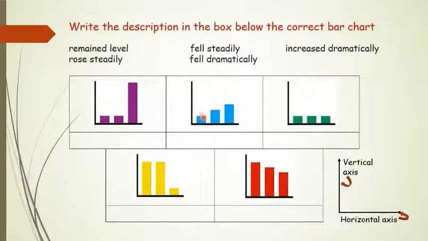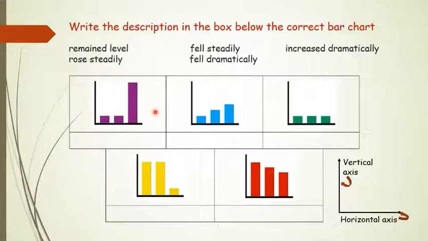There's no sudden, quick increase, but there's a gradual increase. And here these columns show no change at all. There's no rise or fall. So now you can see these charts are different from each other.